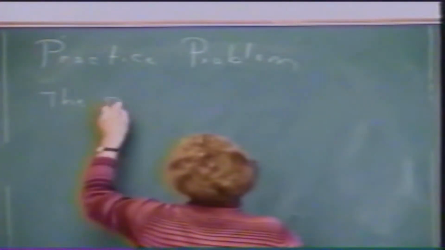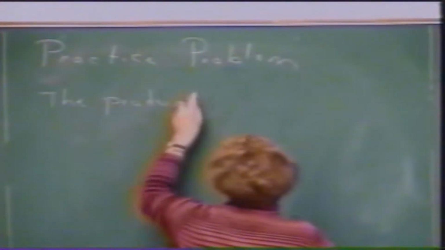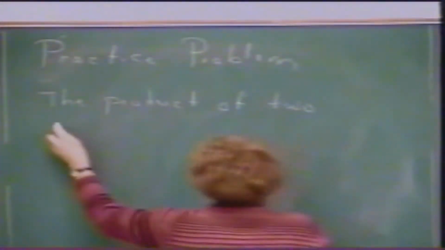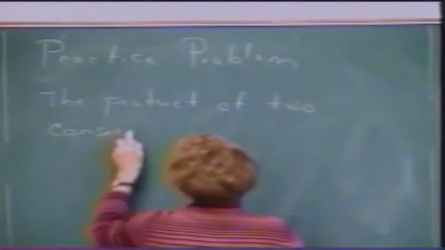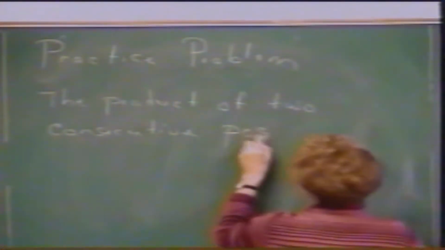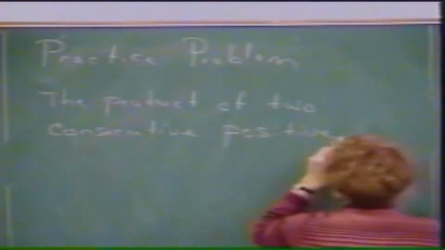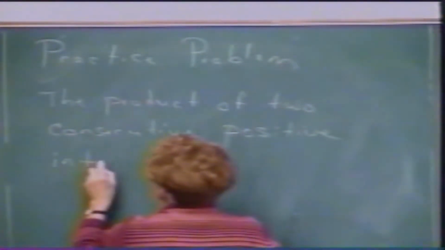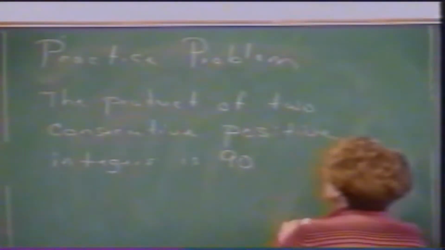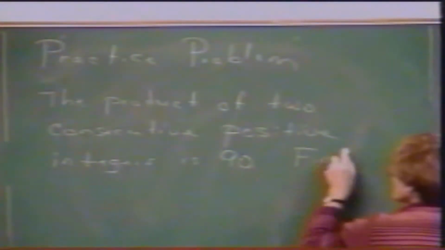The product of two consecutive positive integers is 90. Find the integers.